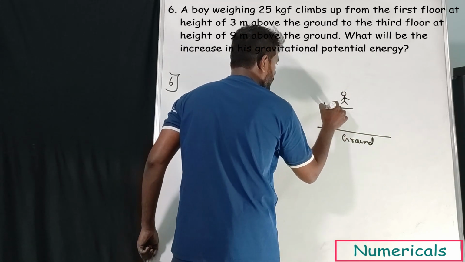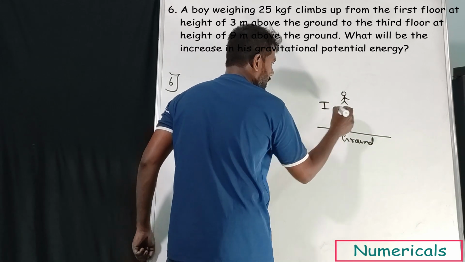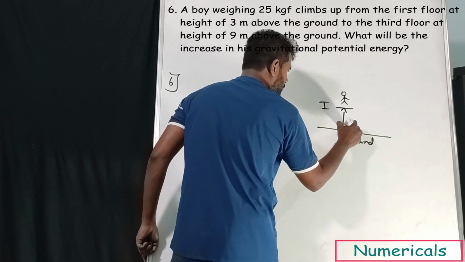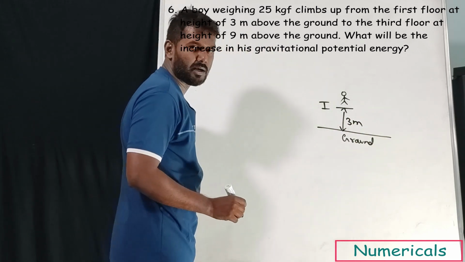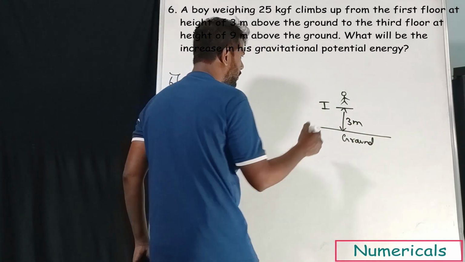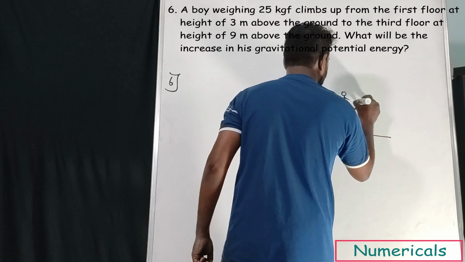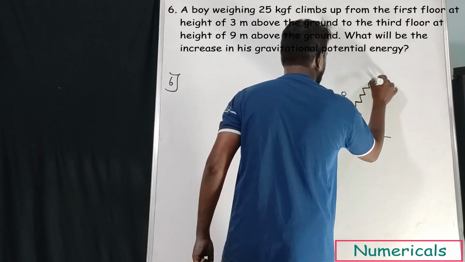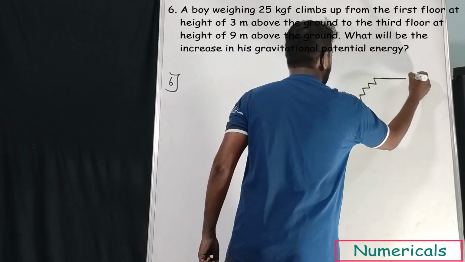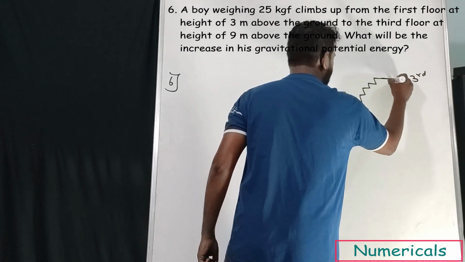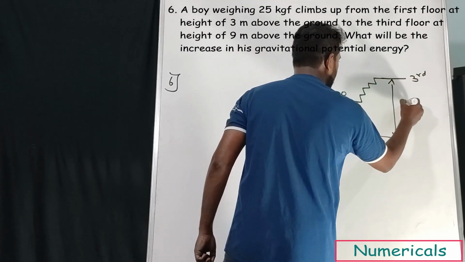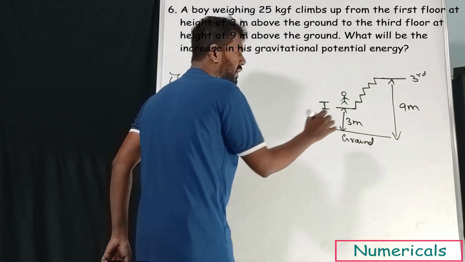From the first floor to the ground floor, it has 3 meter height. Now he is going to climb to the third floor, which is 9 meter height from the ground level.